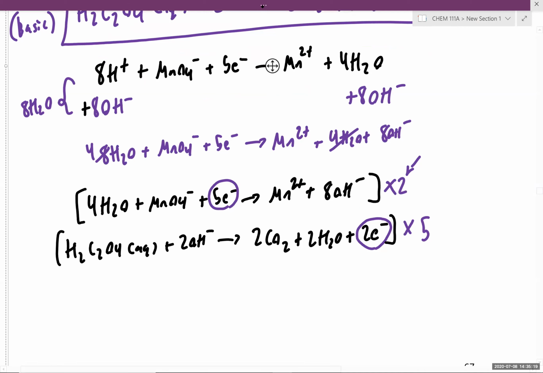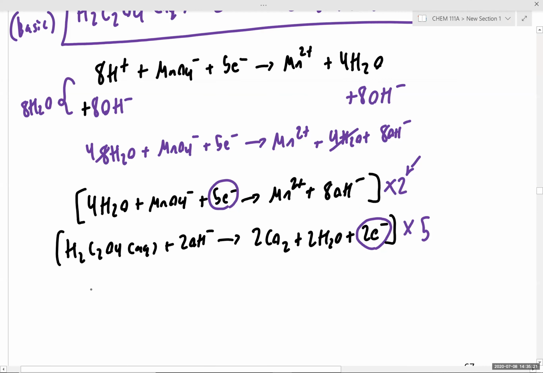So that in turn gives us 8H2O plus 2 MnO4 minus plus 10 electrons leads to 2 manganese 2 plus 16 OH minus.